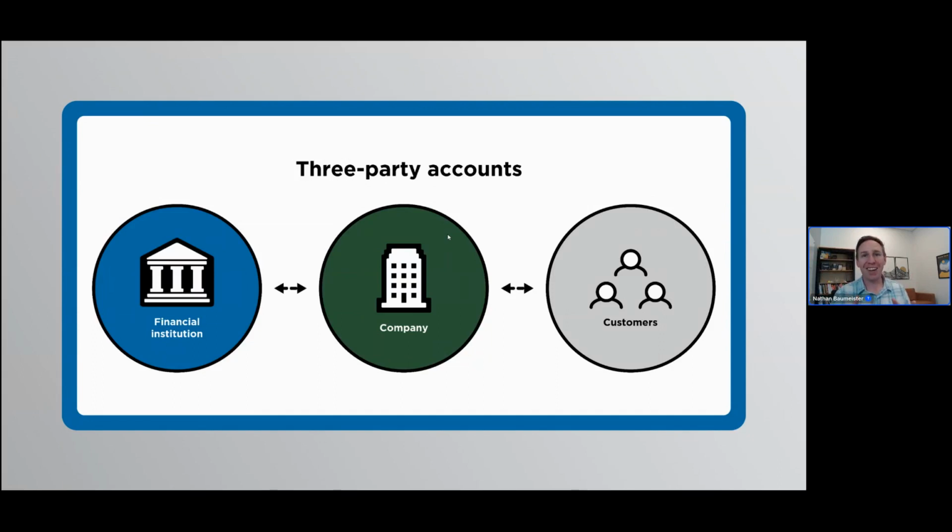Because most of the time, the person who is the signer on the account and is running the money and the transactions and all that stuff is the same person to whom the money belongs. However, in this case, the company is the one that's managing that money, but the money actually belongs to those customers. So that's one reason that it creates some difficulty to support these types of accounts.